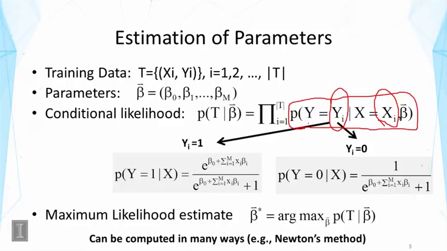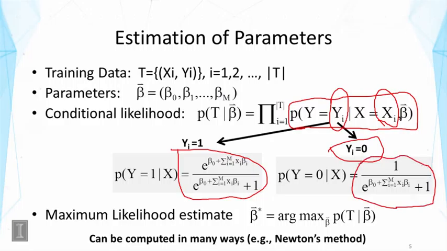And in fact, the functional form here would vary depending on whether yi is 1 or 0. If it's 1, we'll be taking this form, and that's basically the logistic regression function. But what about if it's 0? Well, if it's 0, then we have to use a different form, and that's this one.